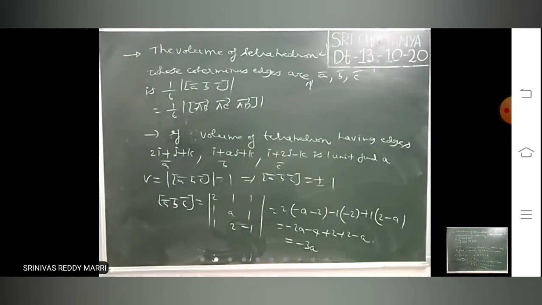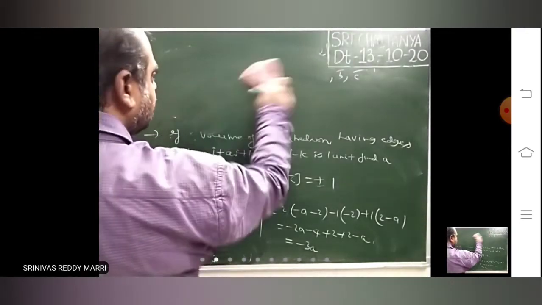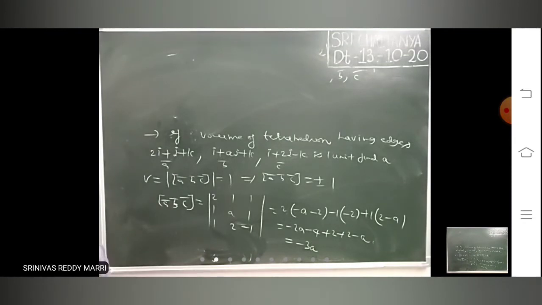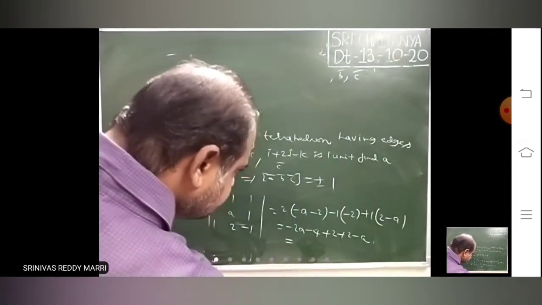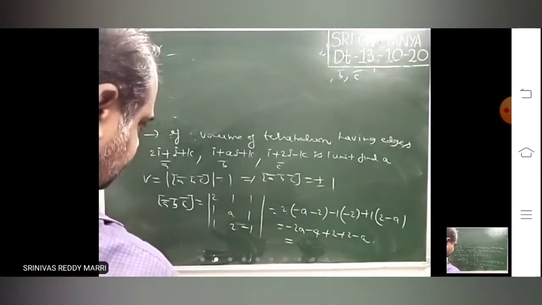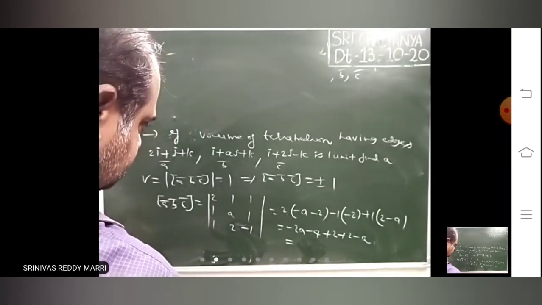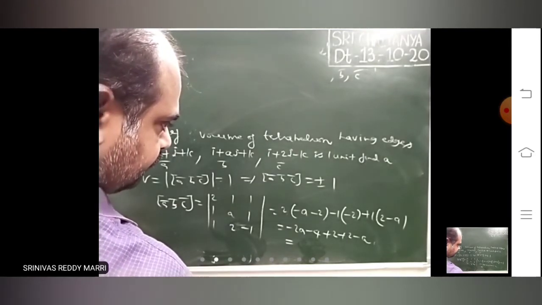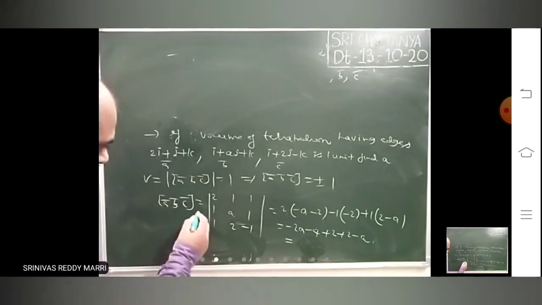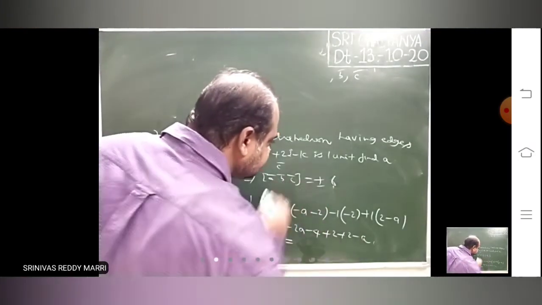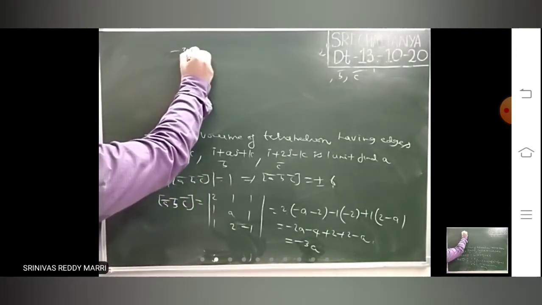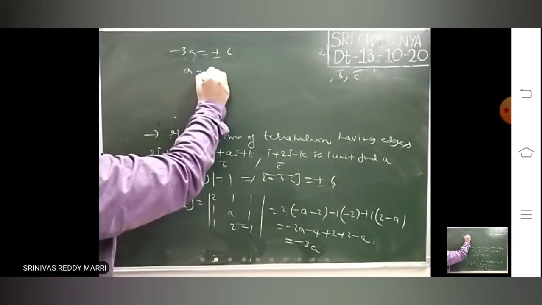This is multiplied by 1 by 6, so minus 3a equals plus or minus 1 times 6 over 6, and therefore a equals plus or minus 2.